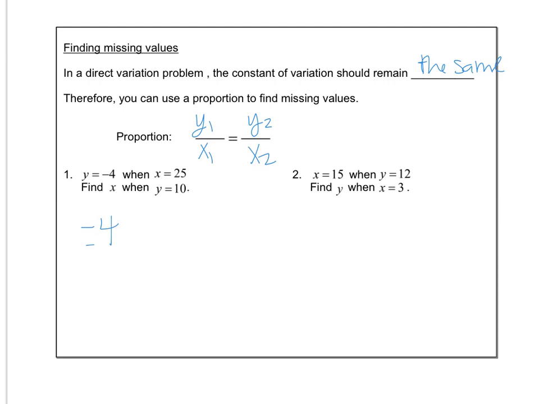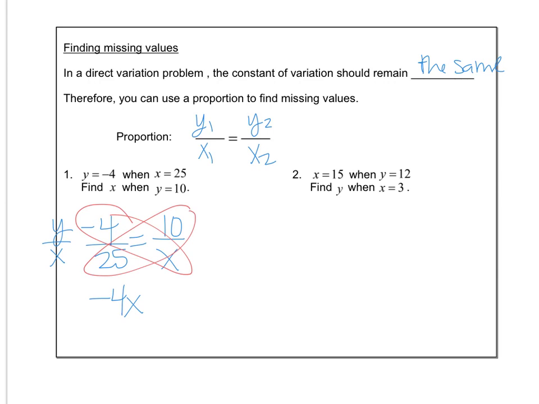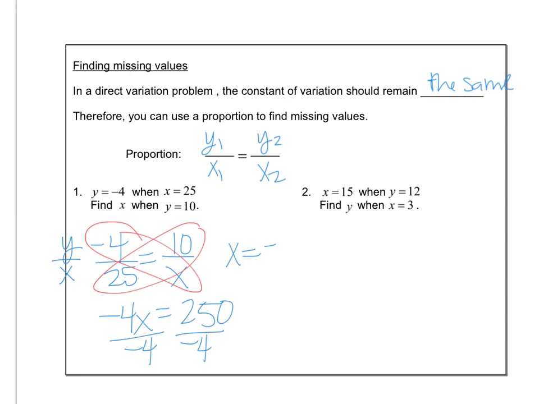So it's going to be negative 4 over 25 is equal to, I did y over x, so I need to follow the same order for the second fraction, so it has to be 10 first over x on the bottom. So then we cross multiply here. Remember cross multiplying from Algebra 1 in geometry, you get negative 4x is equal to 250. We divide by negative 4, and we get x is equal to negative 62.5.